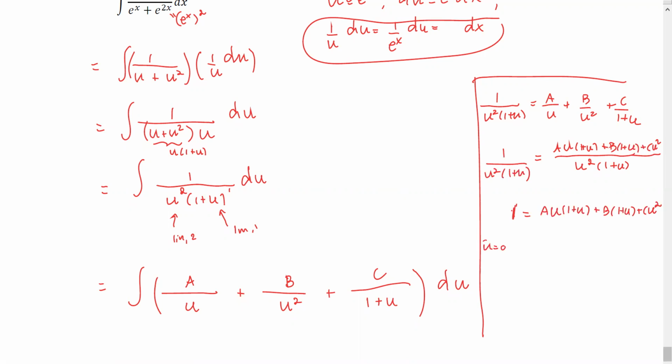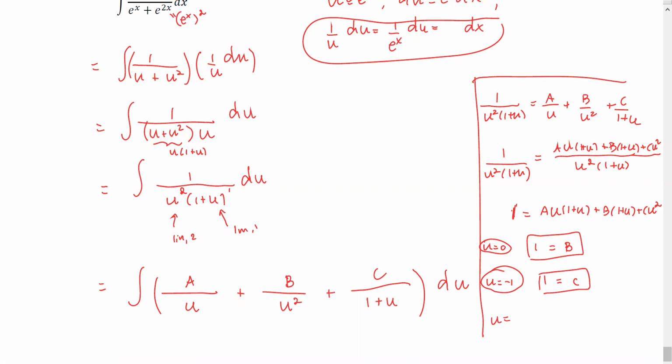For example, for u equals 0, the left-hand side is 1. The right-hand side gives us 1 times b, or just the b value. Now we have b equals 1. For u equals negative 1, the left is 1. The right-hand side, the a term is gone, the b term is gone. To give you the value c, c equals 1. Next, pick another easy number.